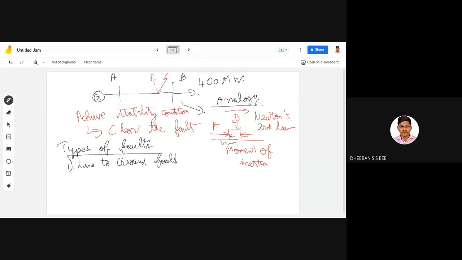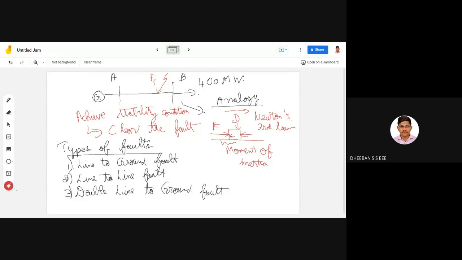Then line to line fault. Followed by double line to ground fault. So this is predominant in your three-phase system. Your three-phase system will be having three lines, right? With respect to that, these faults occur. So these are the different types of faults, and the most commonly occurring fault is your line to ground fault.